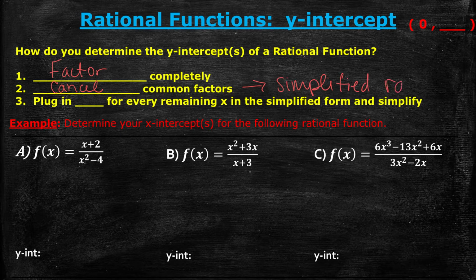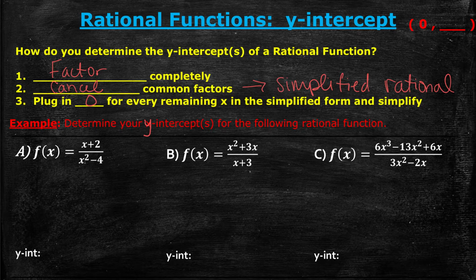So you don't want to plug it in at the beginning, you want to plug it in after you've simplified. And then you're going to plug in 0 for every remaining x in the simplified form, and then simplify further. So let's go ahead and figure out what our y-intercepts are. This should say determine your y-intercept, not your x-intercept.